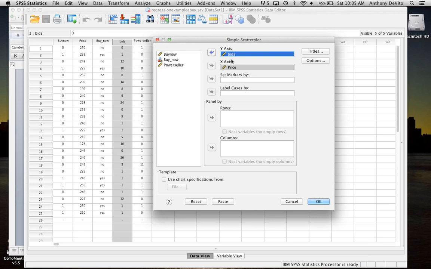Y is equal to some function of X. So Y is predicted by X. A lot of times you call this one independent or predictor, and this one outcome or dependent variable.